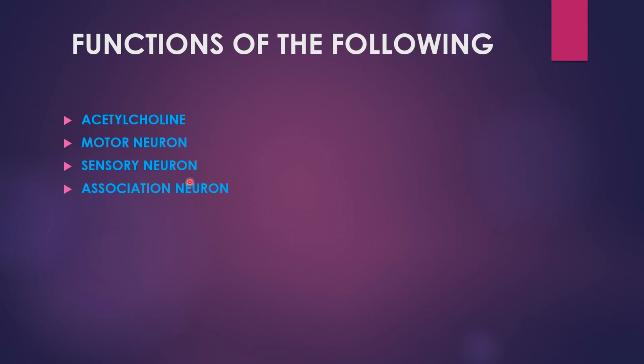Sensory neuron. It will transmit impulses from receptor to brain or spinal cord. Association neuron. It will interconnect sensory neuron and motor neuron.